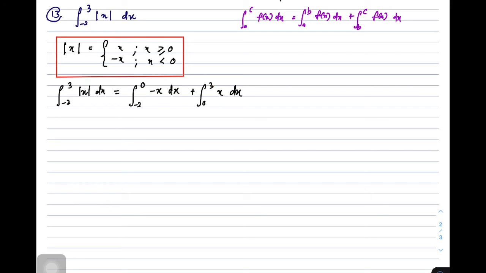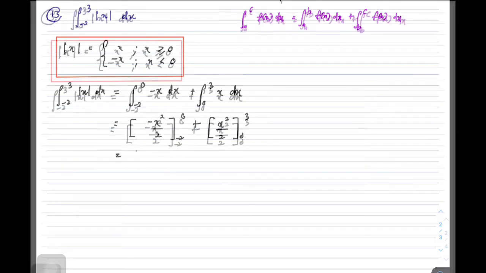As you can see, here it is from 0 until 3, so it follows this one, that's why we substitute with this x. Then we integrate the function: negative x squared over 2 plus x squared over 2, 0 until 3.